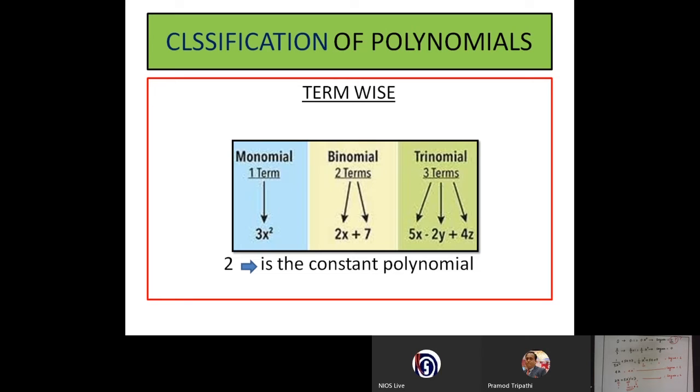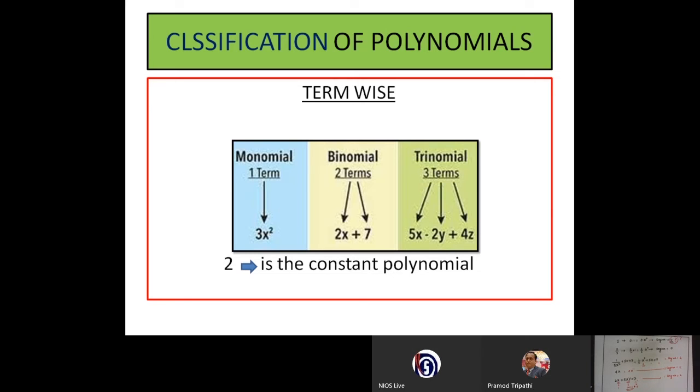Any polynomial having one term is known as the monomial. Any polynomial that has two terms is known as the binomial. Similarly, any polynomial that has three terms is known as the trinomial.